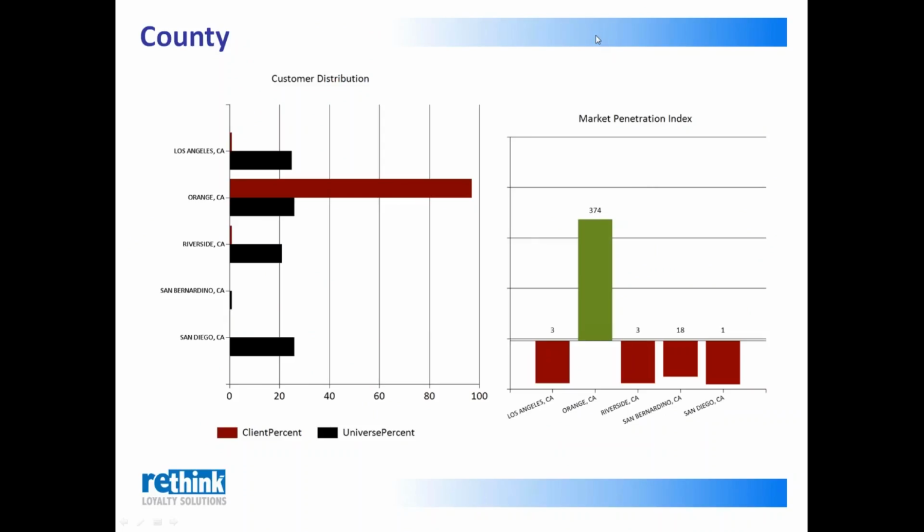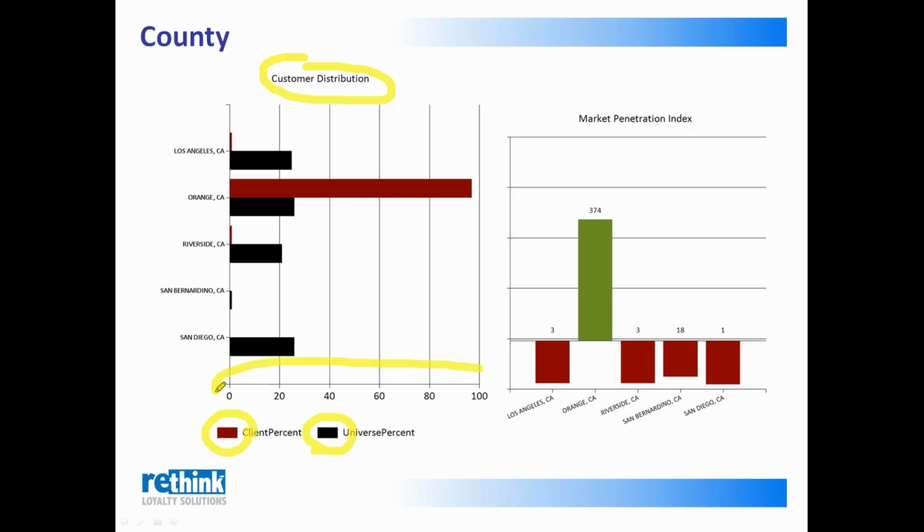In this red and black horizontal bar chart, or the customer distribution chart, what we see here is the 2,100 customers of Pacific Park Animal Hospital illustrated by the red bars, and then the universe of 2.9 million prospects illustrated by the black bars.